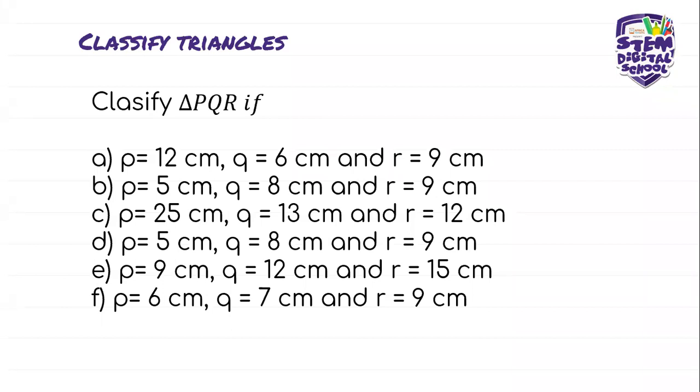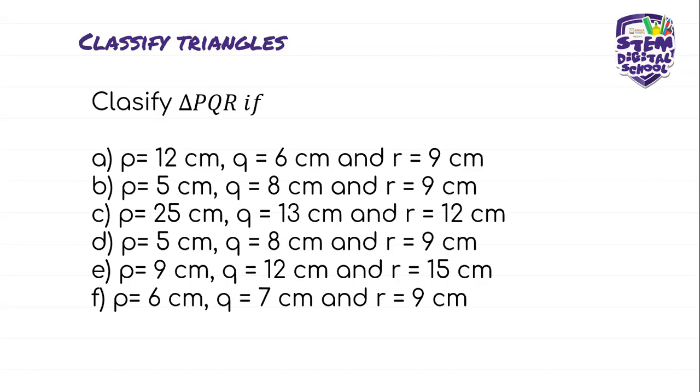Okay, so the longest number is 9, so it's going to be 9 squared equals 7 squared plus 6 squared. Okay. And then 9 squared is obviously 81. Right. And then 7 squared is equal to 49, and 6 squared is equal to 36.